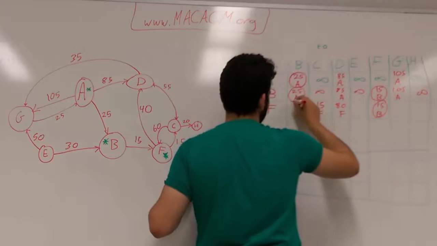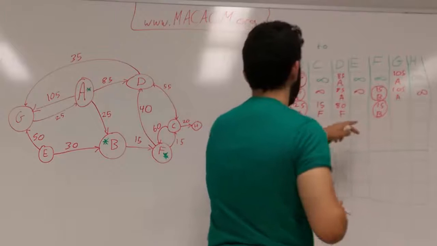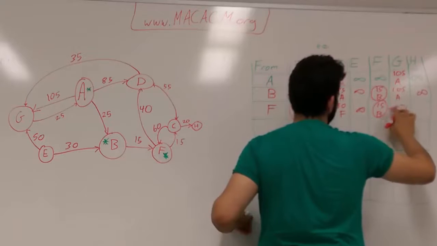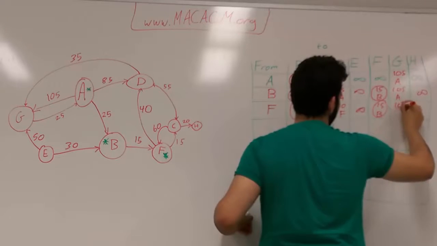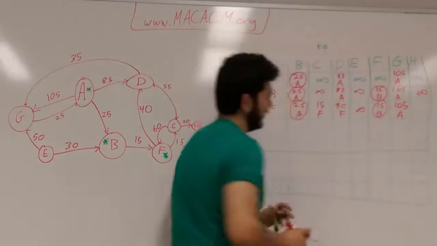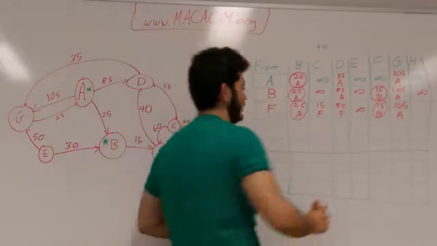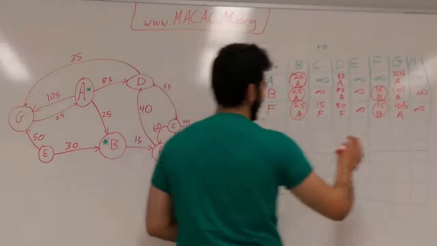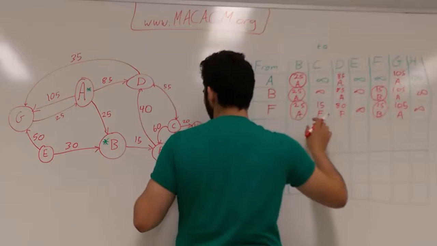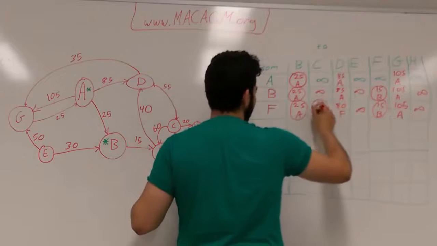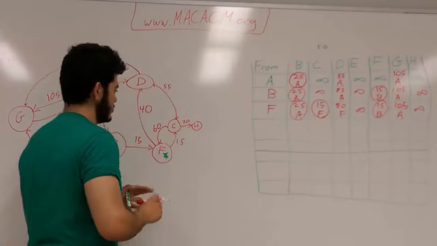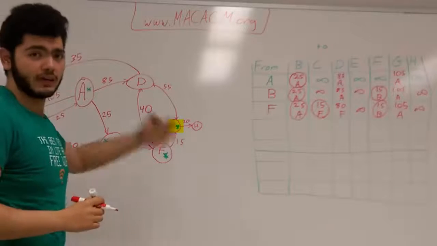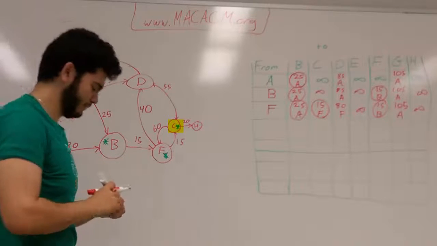We visited B, we visited F, and the rest are infinity, except 105 from A. I'm just copying down the values previously acquired into the new row in our table, and I'll grab the lowest cost that will take me from F to the next node, which is 15, and that will take me to C. So right now I'll visit C and start running the algorithm one more time from C.